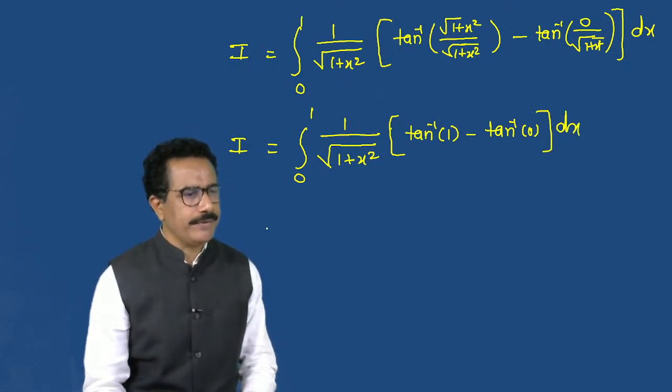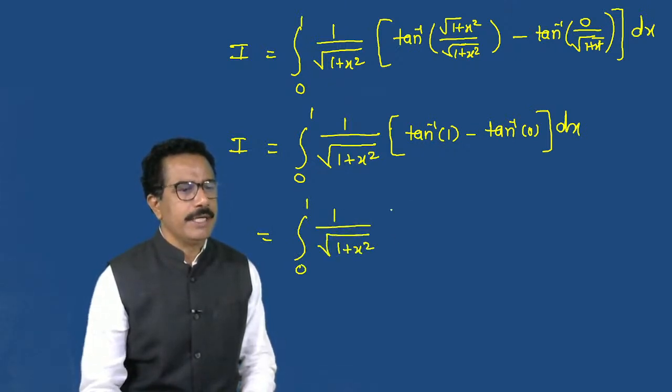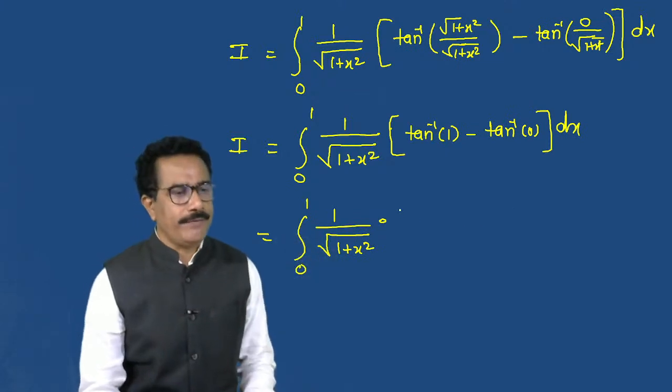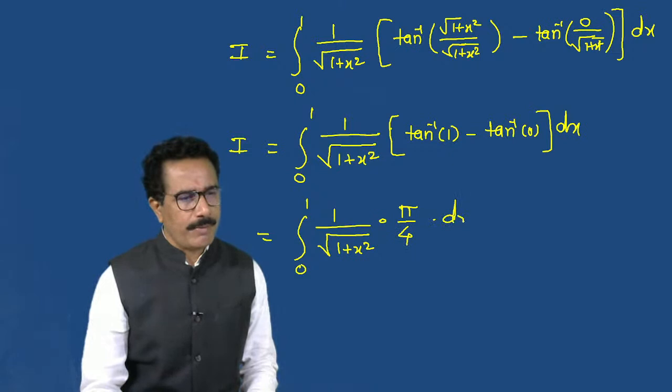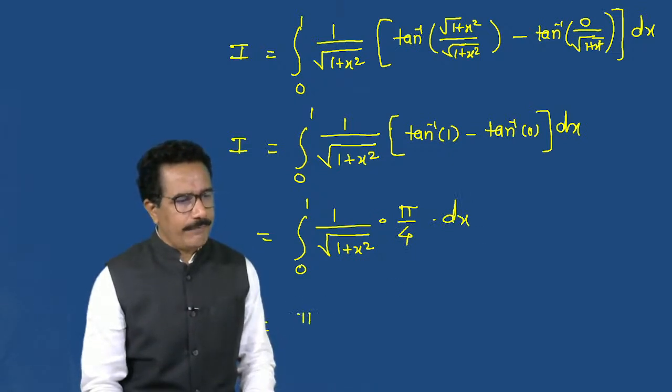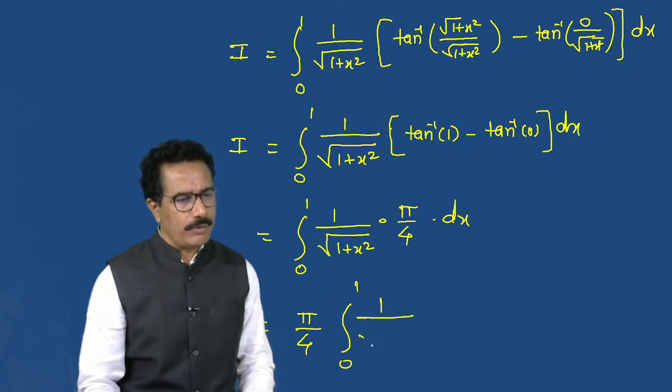Solve this completely first. Tan inverse 1 means pi by 4, minus 0, there is no problem. So pi by 4 is a constant. Integral from 0 to 1, 1 upon root of 1 plus x square dx.